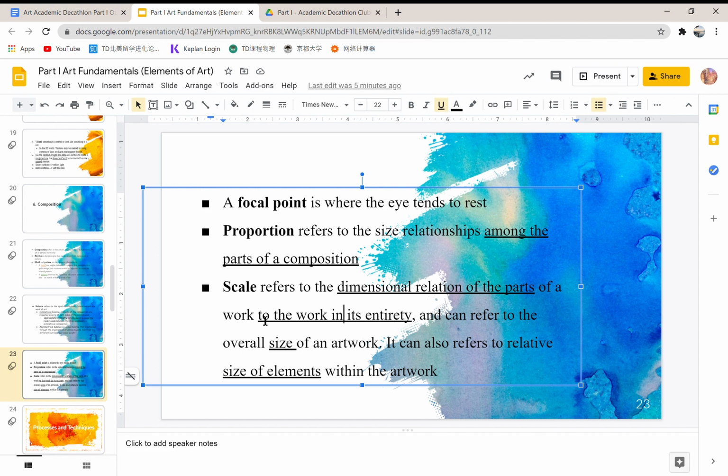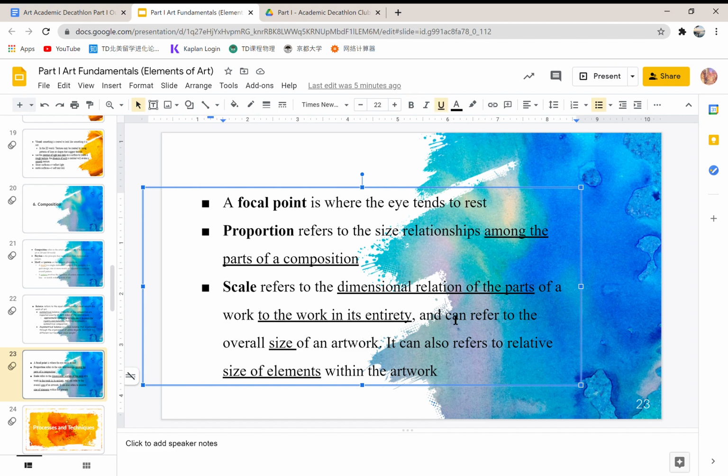And so you tend to measure the size of those two objects, and you tend to calculate how the table or the painting compares to the whole artwork.